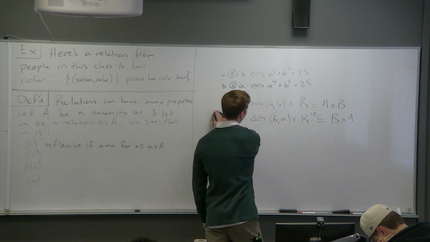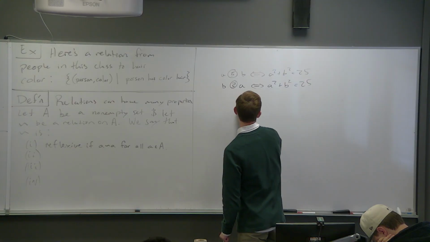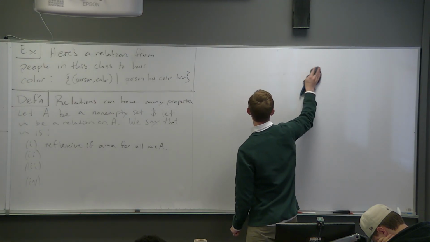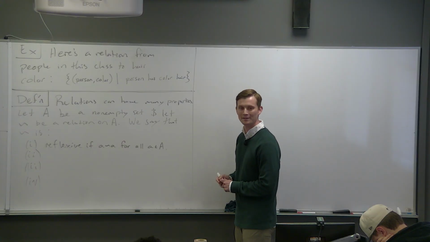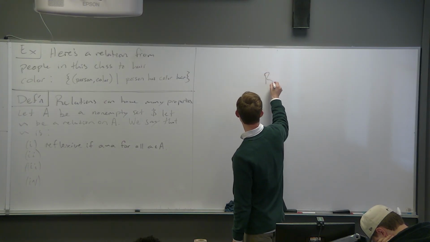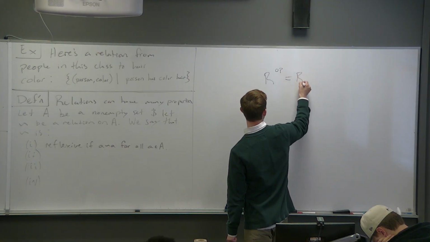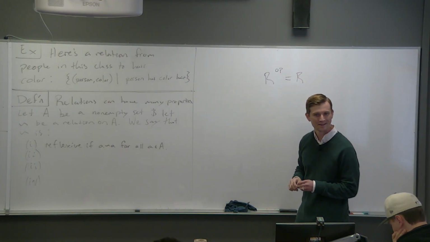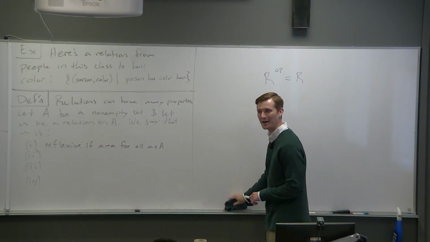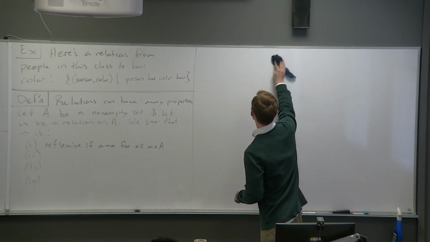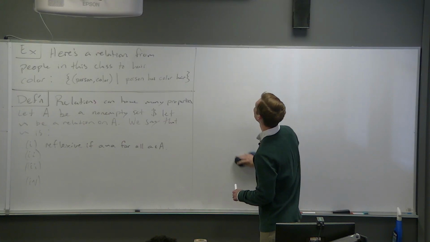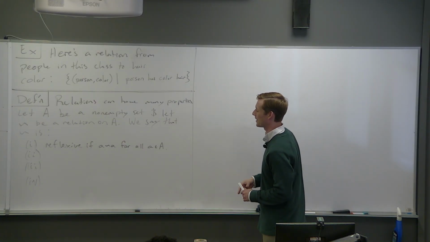Reflexive relations in a set are those ones that when you flip the ordering and you create this opposite ordering, you just have the same exact thing. That is, a relation is reflexive if R op is equal to R, right? If you flip the order and it doesn't matter. Or actually, I said that backwards. I'm getting ahead of myself right here.